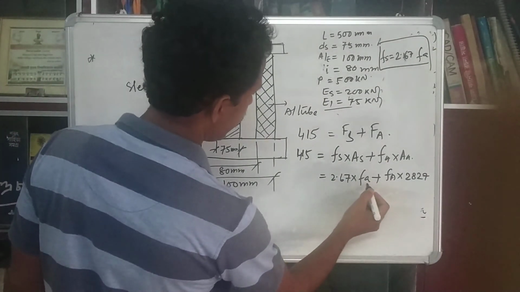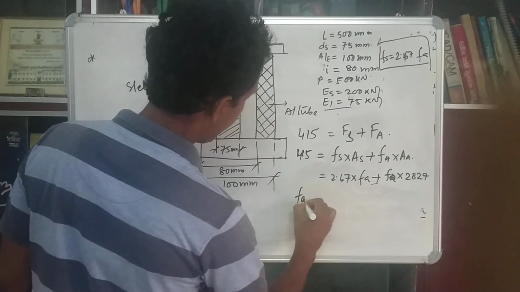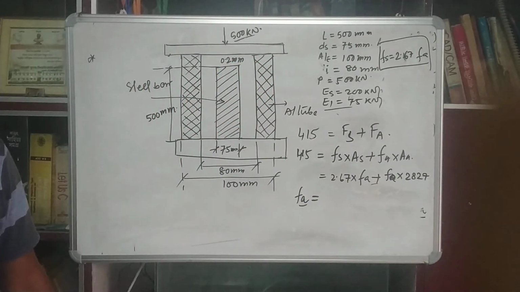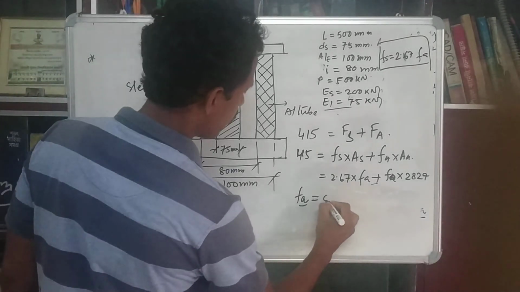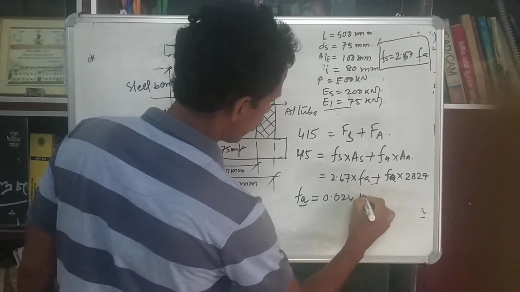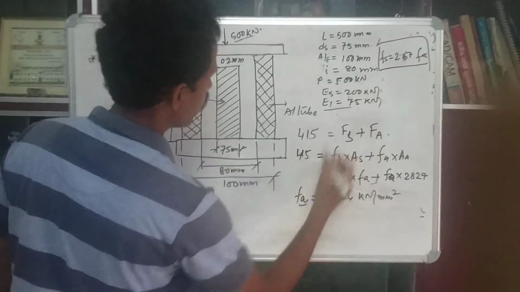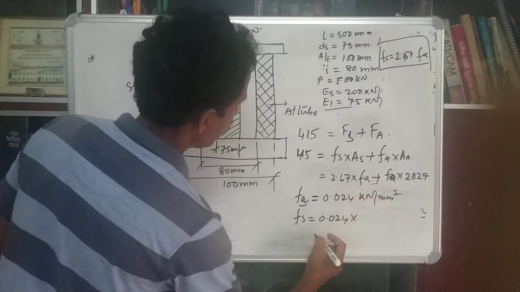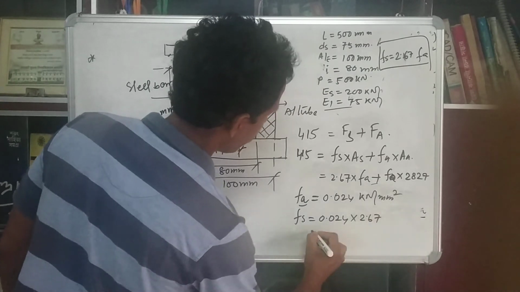From that you can see Fa is on both sides, so ultimately you can find Fa, which is 0.024 kilonewton per mm square. So Fa is known, so Fs is equal to 2.67 into Fa.